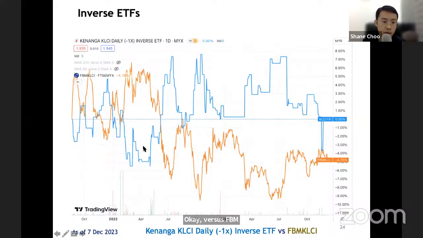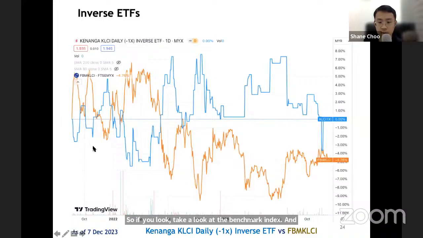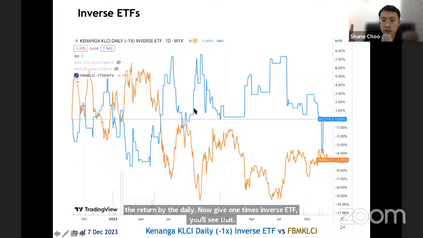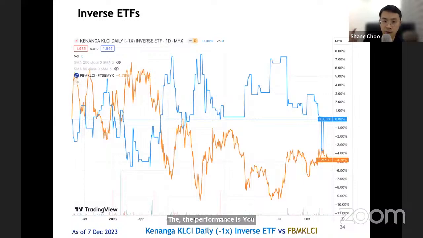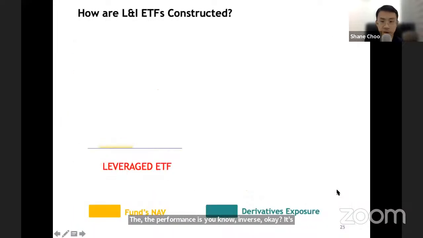The one in orange is our benchmark index. If you take a look at the benchmark index and the return by the daily negative 1x inverse ETF, you see that the performance is inverse. It's the other way around.